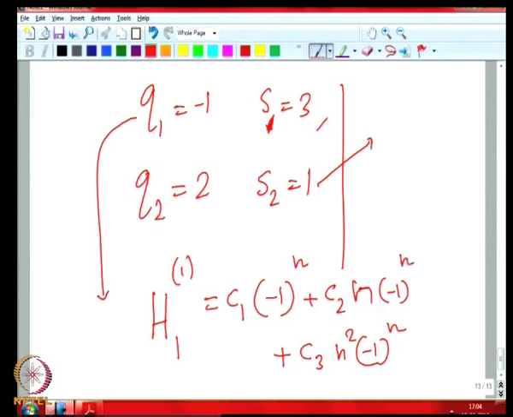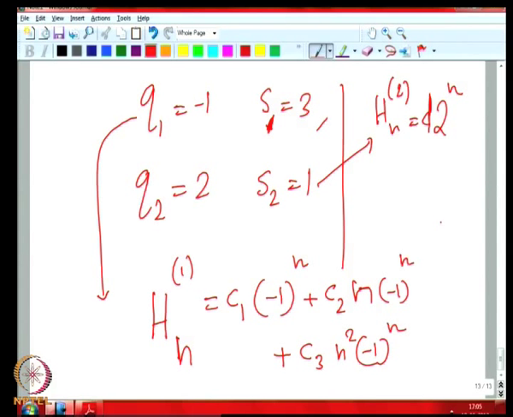For this portion q2, hn of 2 is equal to just c times 2 to the power n, or we can write some other constant, say d times 2 to the power n.